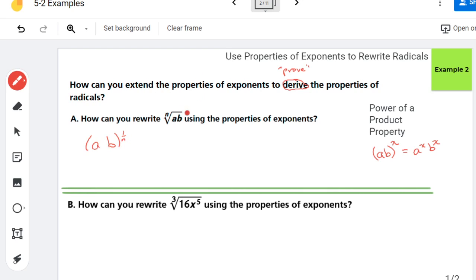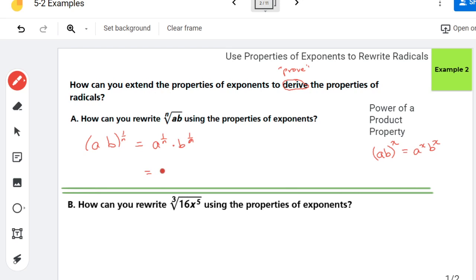So this is the nth root of A times B. I can write it as an exponent, and I can use the power of a product property in order to distribute this exponent across A and B. So I can actually write this as A to the 1 over n times B to the 1 over n.